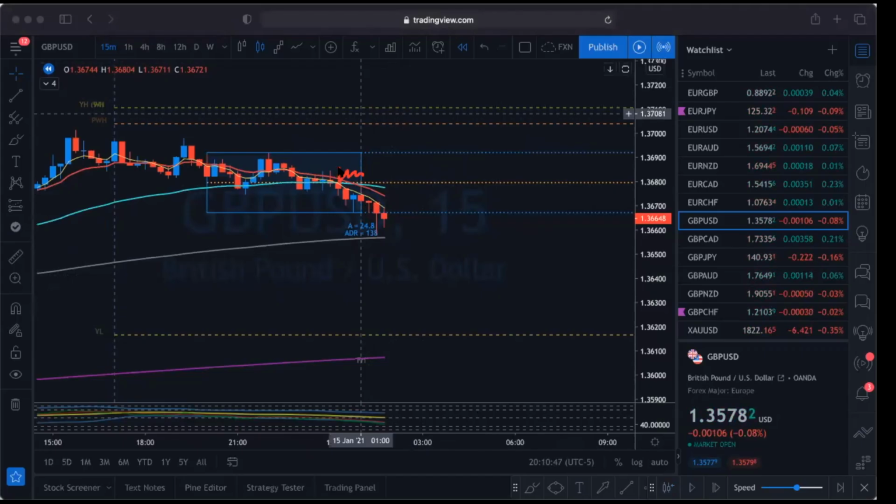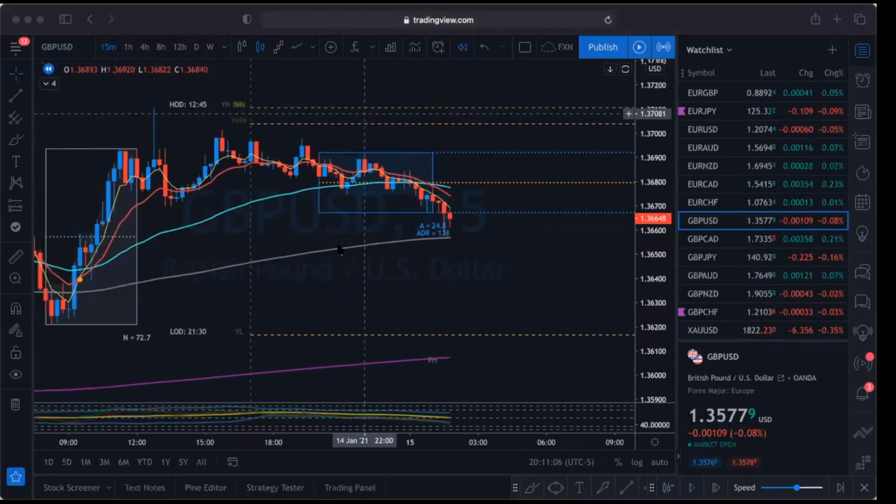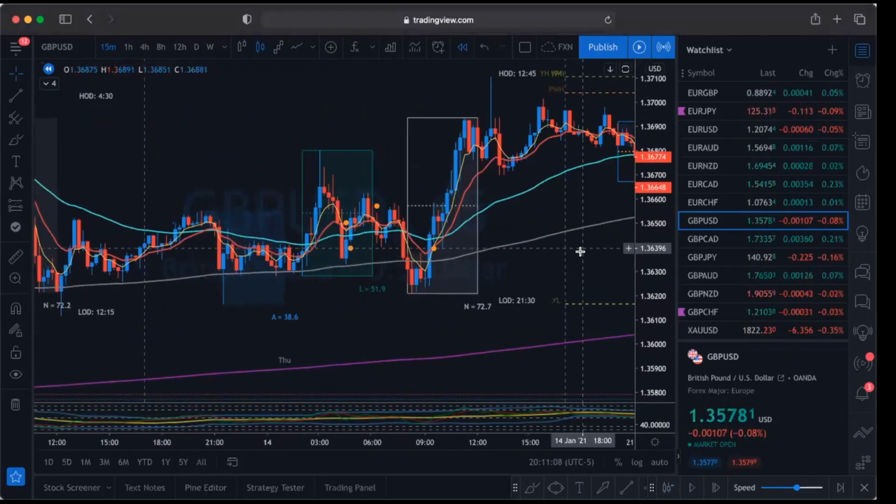Then I would tell you, okay, obviously, if it's already up here, it's very likely to come up here, or even to go up higher to do a type 1. You know what I mean? Yeah, knowing how it's going to respond to the EMAs.